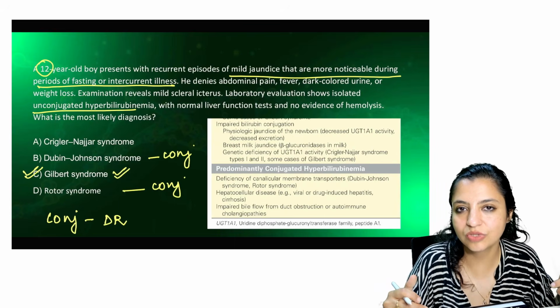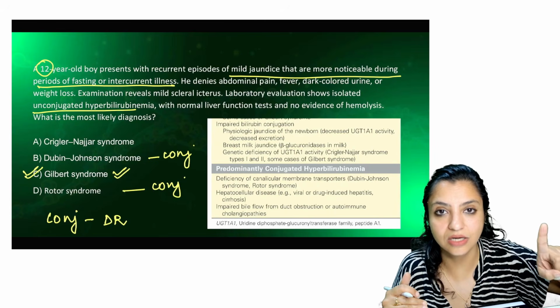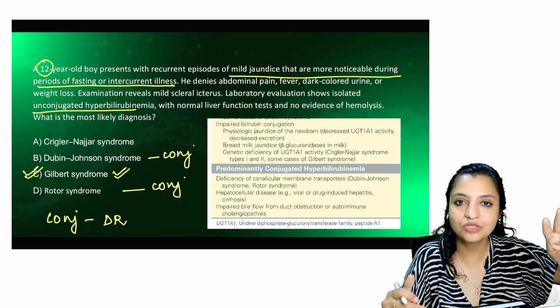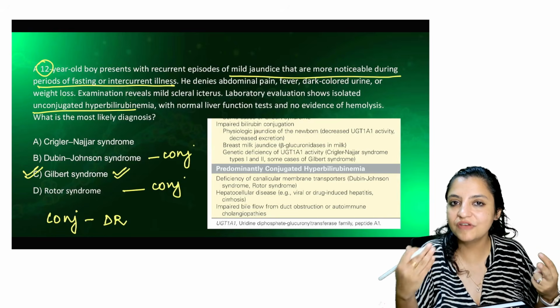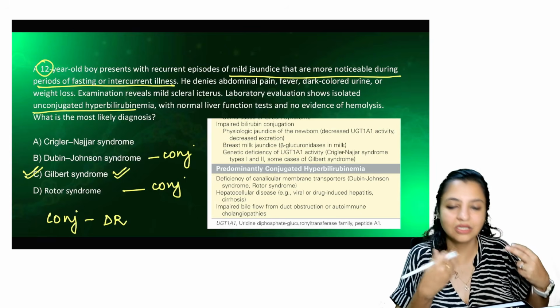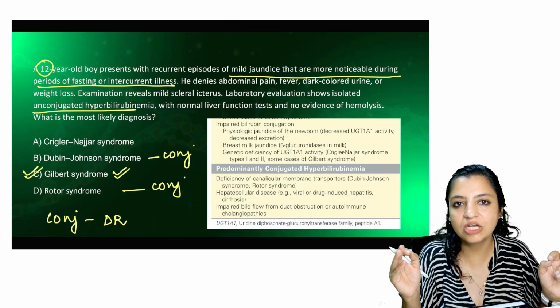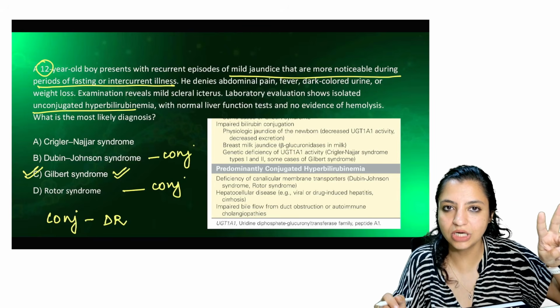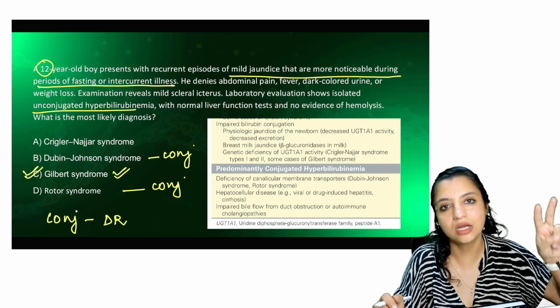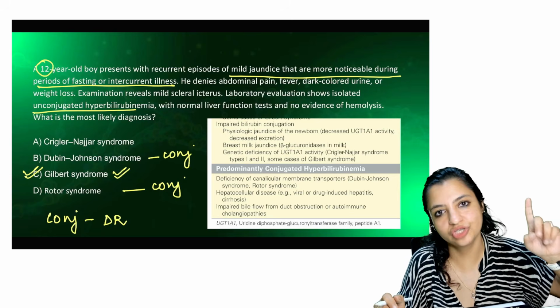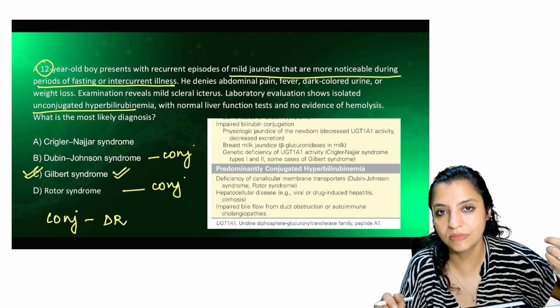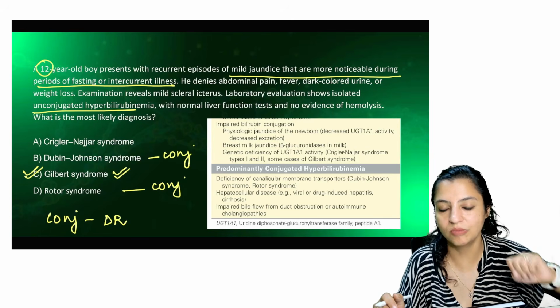Okay, this question was very interesting. This is an adult, or rather a slightly bigger child, a 12-year-old presenting with jaundice, which is very typical in that it manifests more when the patient has fasting or intercurrent illness. Very typical history of Gilbert syndrome. There are two important causes of unconjugated hyperbilirubinemia: Crigler-Najjar and Gilbert. Crigler-Najjar usually presents early in life, with more severe unconjugated hyperbilirubinemia.